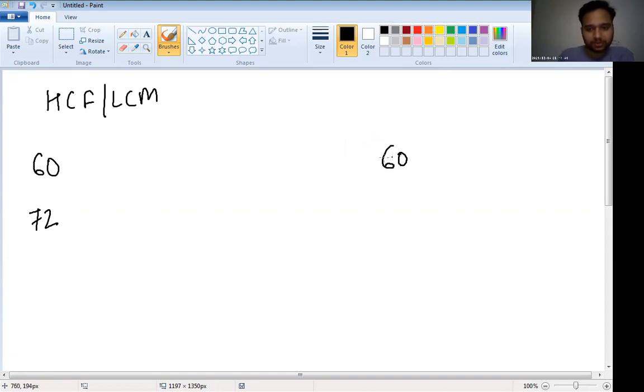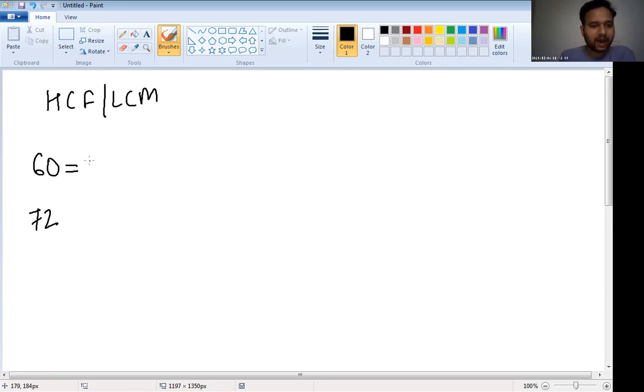Remember, we used to make some diagrams, take some steps like this. We used to divide it by 2, it comes out to be 30, then again by 2, and so on, right? I hope that you remember this method. I'll not go into prime factorization. I'll quickly write the prime factorization of 60 and 72.